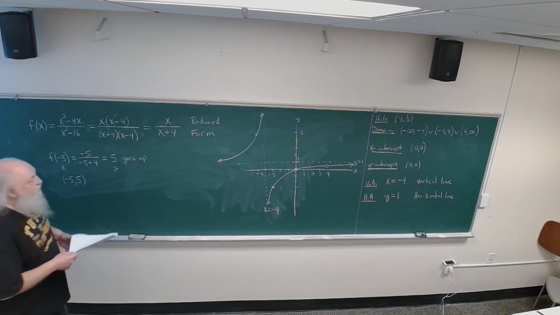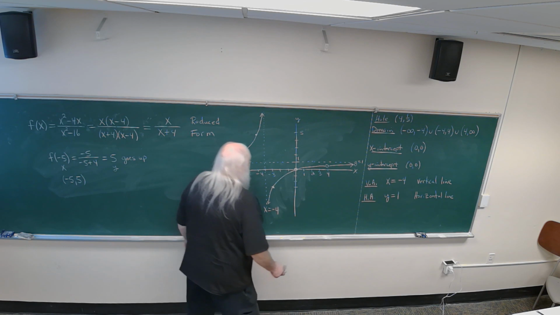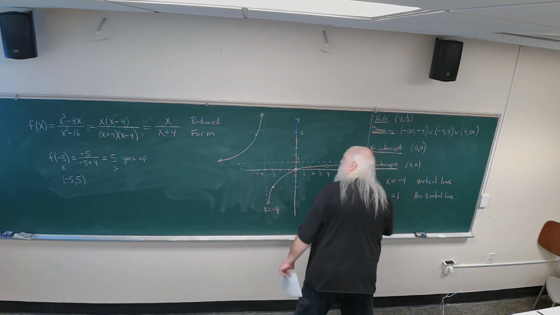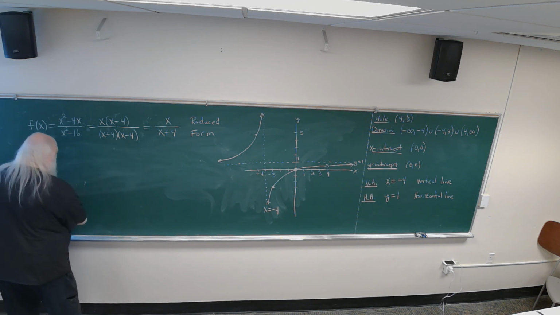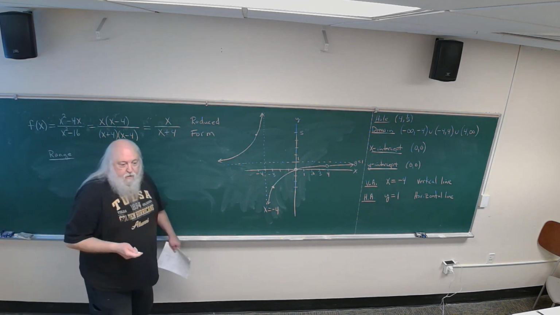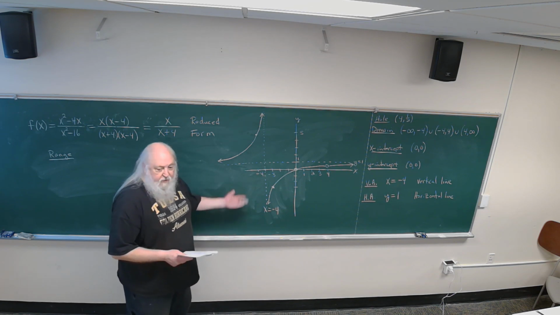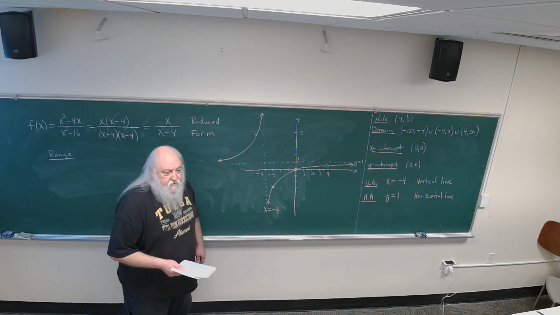So now the last thing we have to do is find the range of this rational function, in interval notation. And so this could be an exam 1 question. On exam 1, you were given a graph of a function, and you had to determine the range from the graph.